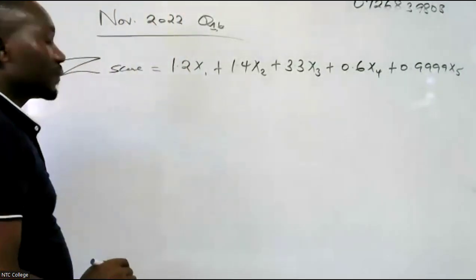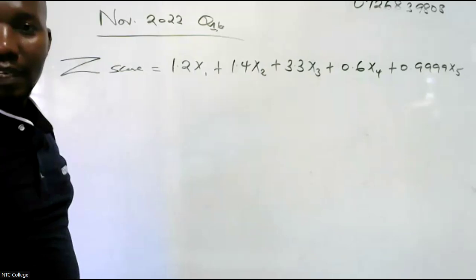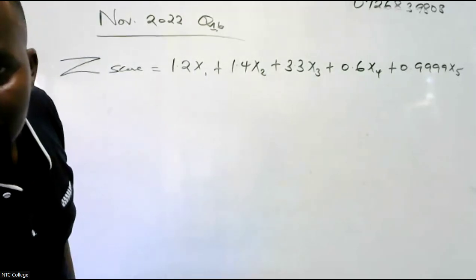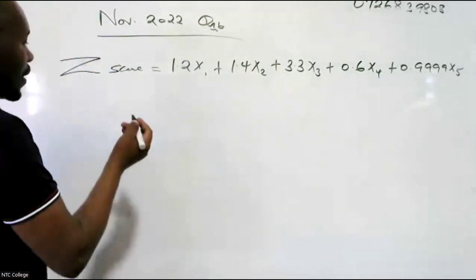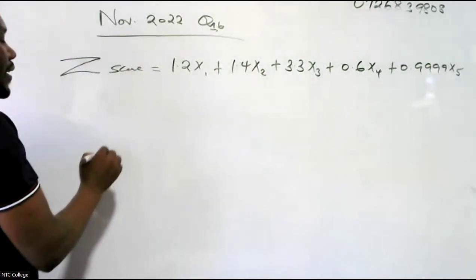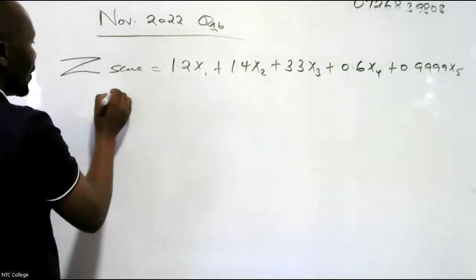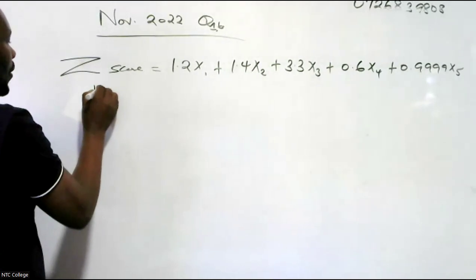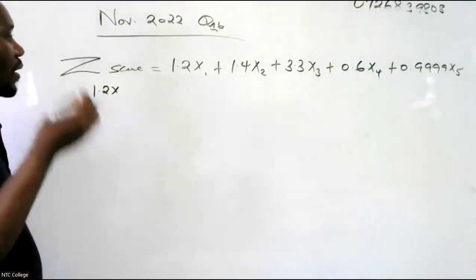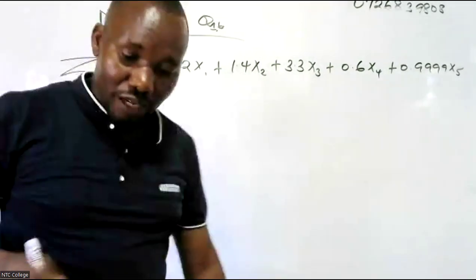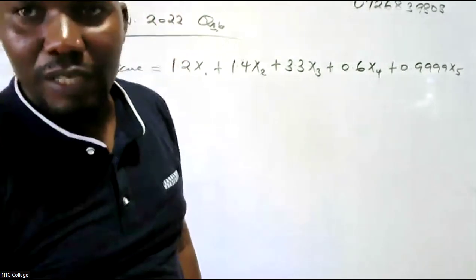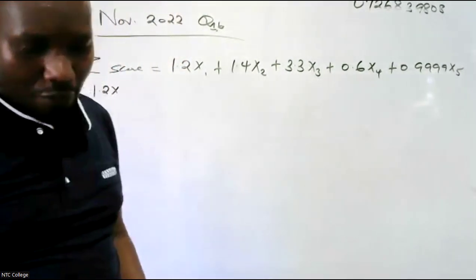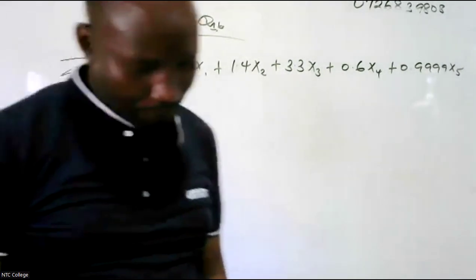Now, here, we need to calculate the first one, which is 1.2 times net working capital. How do you get working capital? Can somebody tell me how to get working capital?